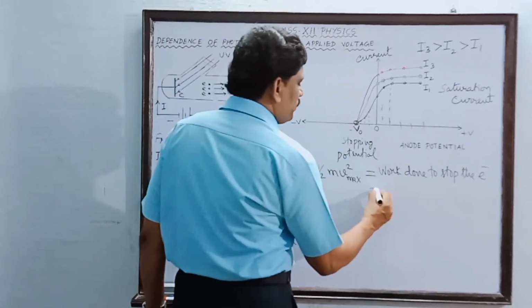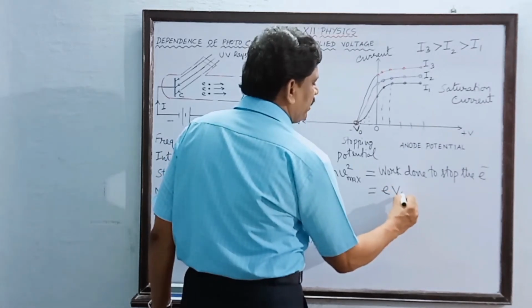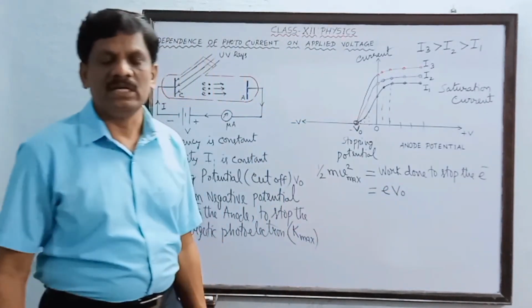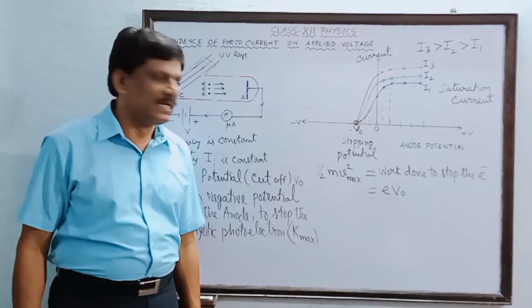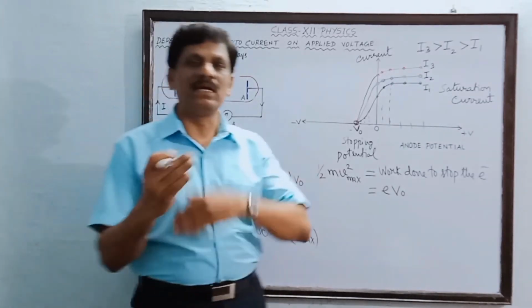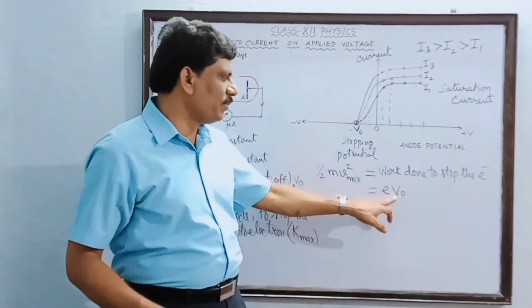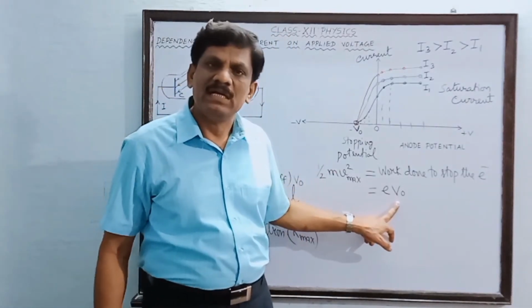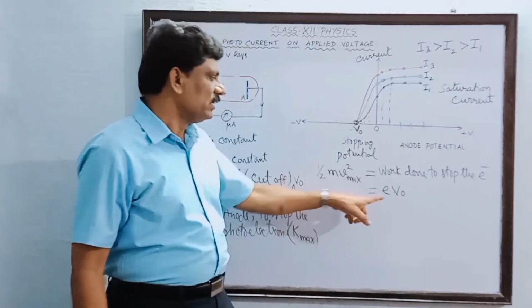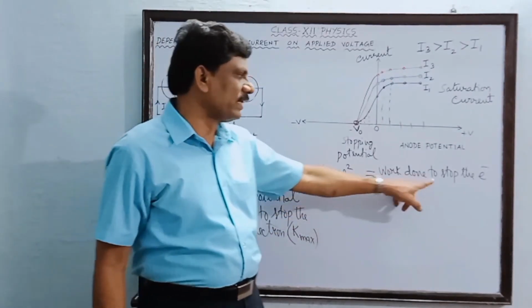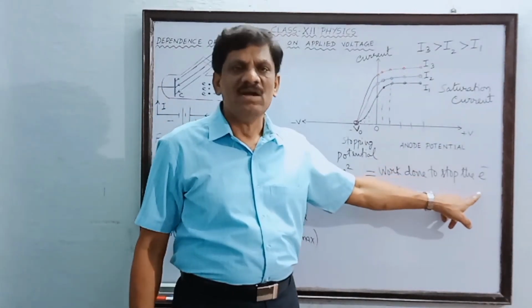Therefore, this must be equal to the charge of the electron into applied potential. Understand? Because this fastest photoelectron also is stopping now. At what potential? At a potential V0 applied to the anode. Therefore, e into V0 must be equal to the work done to stop the most energetic photoelectrons.